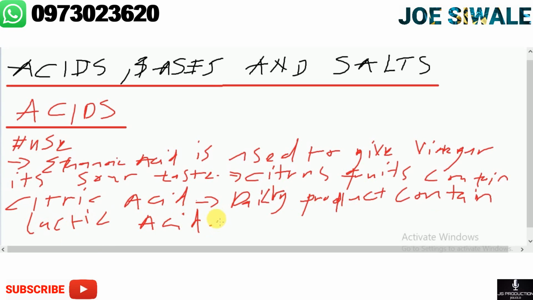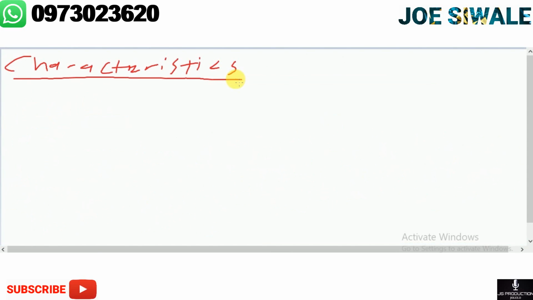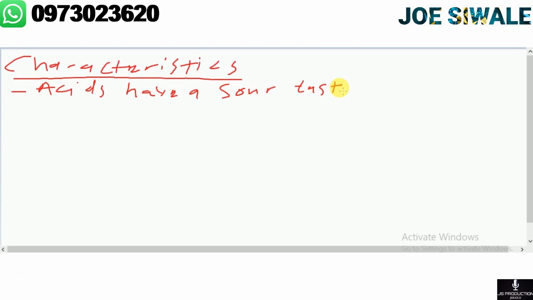So let us now look at the properties, or the general characteristics, of acids. The first characteristic is that acids have a sour taste. The second characteristic is that acids are corrosive.